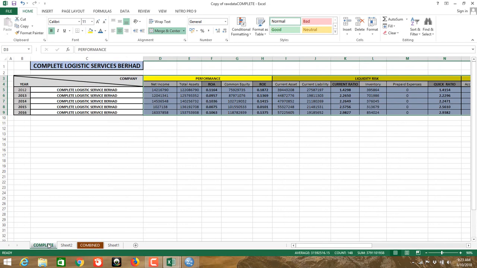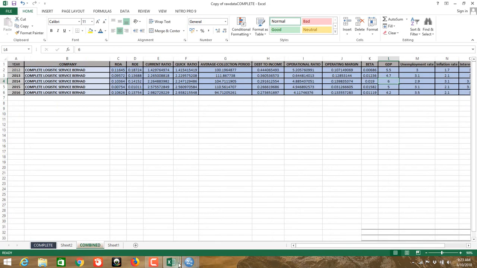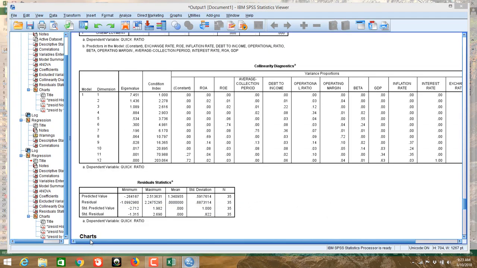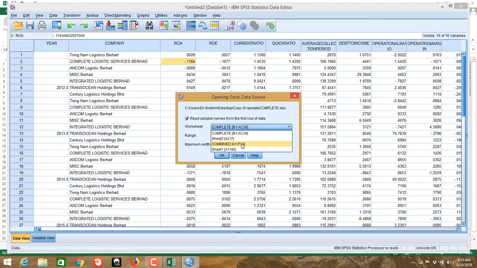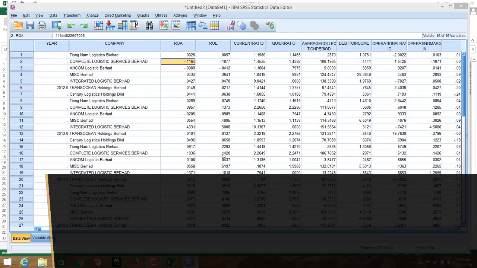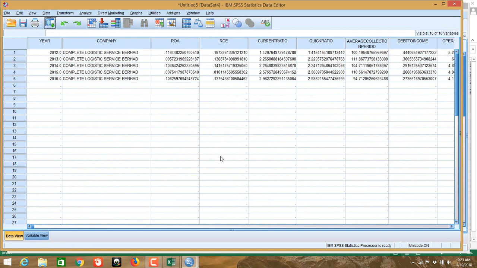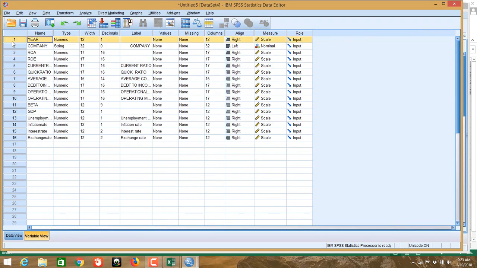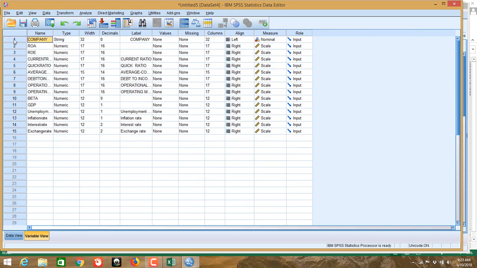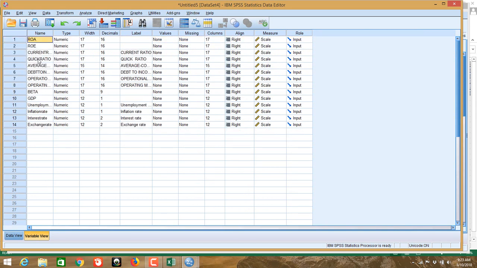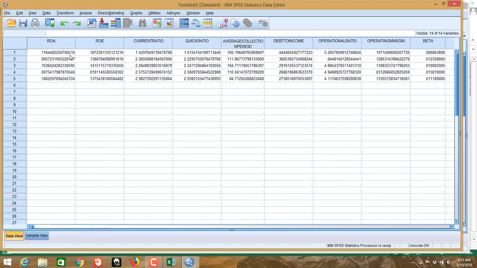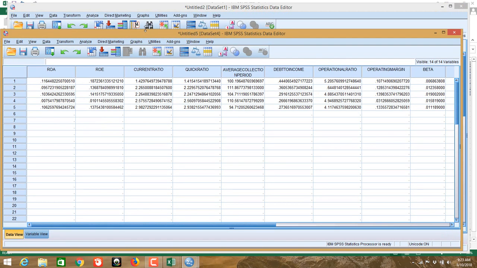Complete. Combine. Okay, combine sheet. Alright, now you get something like this. And then you go through the same process, remove this. You don't want year, you don't want company because they are strings, you want numbers only. You go back to the data. Can you see now?